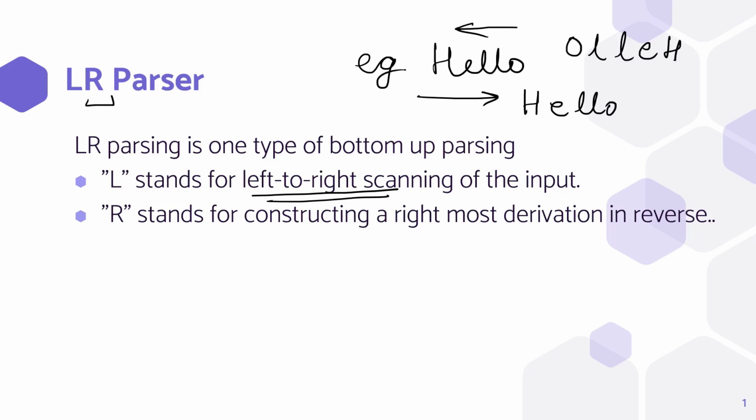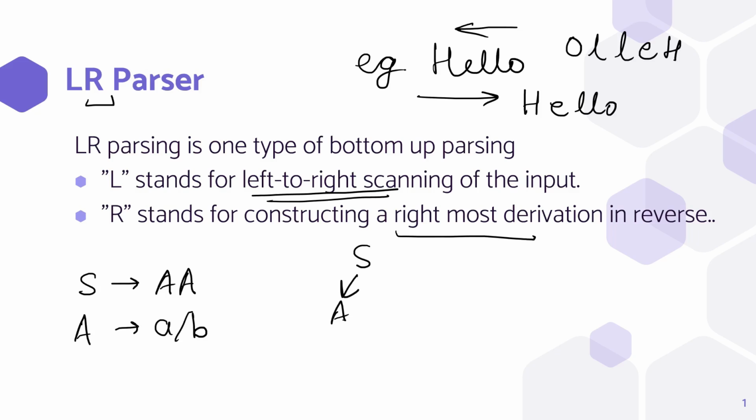Here R stands for rightmost derivation. Say for example, we have a production here AA, and here we have something like this. So if we open this like this, it is called rightmost derivation. Why rightmost?